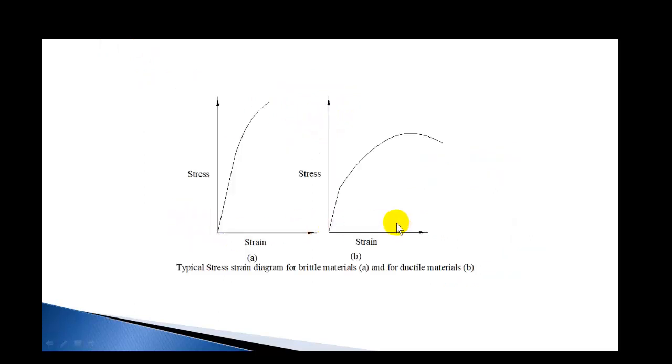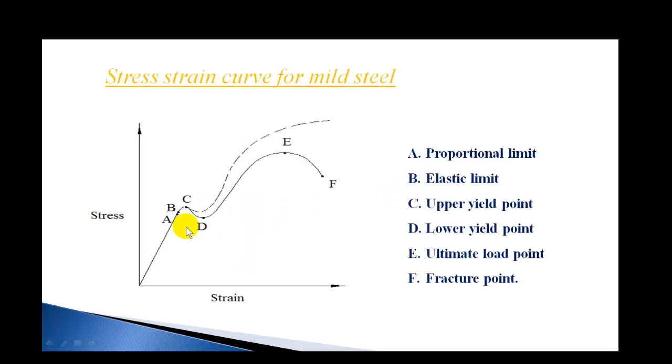Now this gives a typical plot of the stress strain curve for a brittle material and a ductile material. Mild steel is also a ductile material, but mild steel shows the typical characteristics of upper and lower yield point. This is particularly for mild steel.